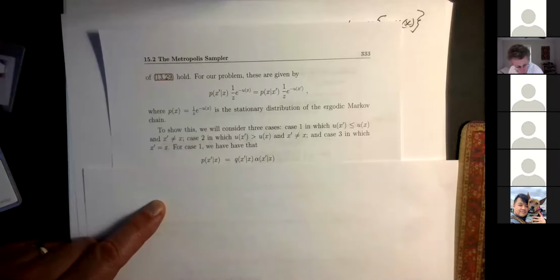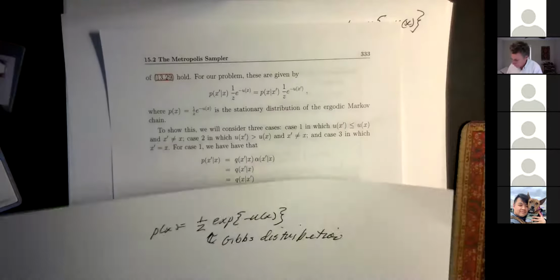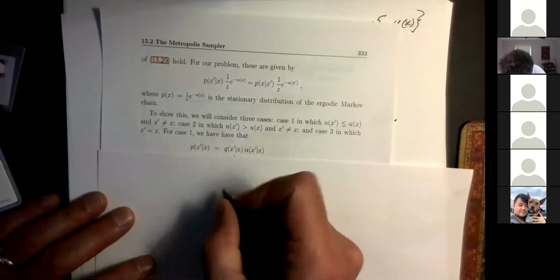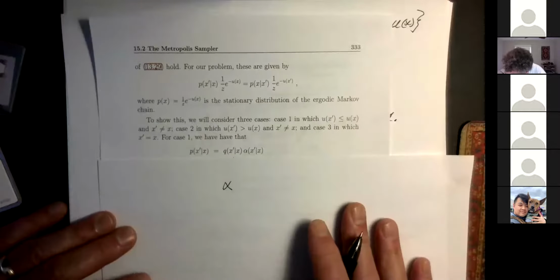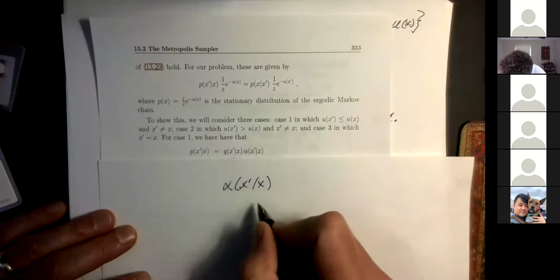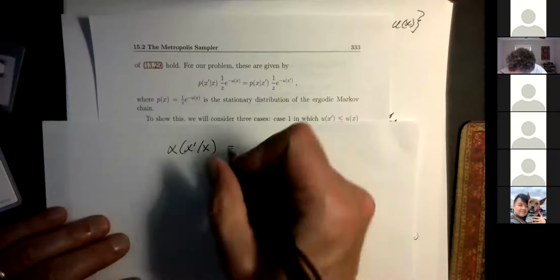If you recall, I'll write it down again over here. Alpha of X prime given X is what?